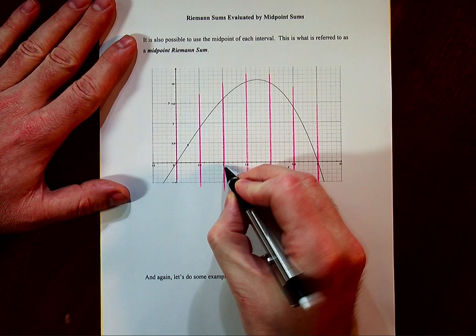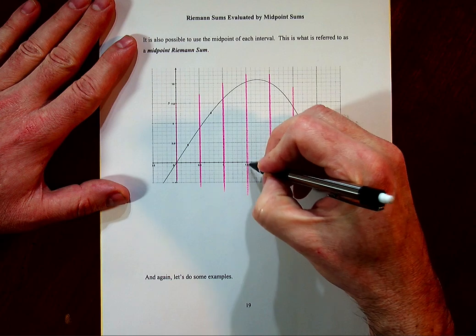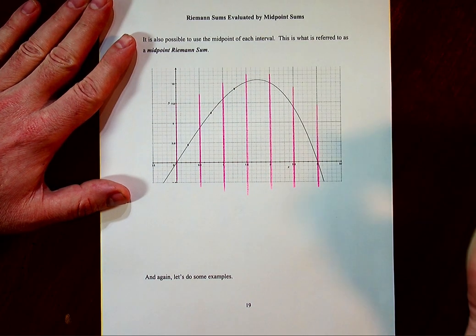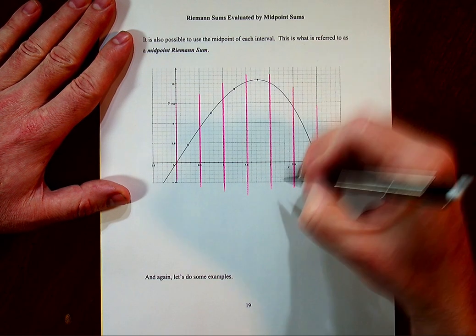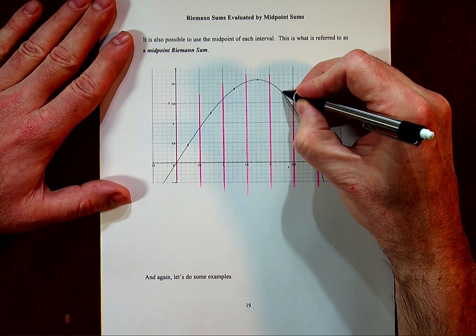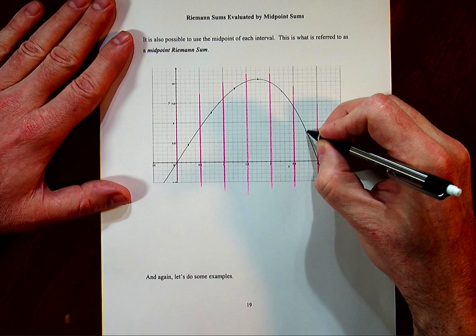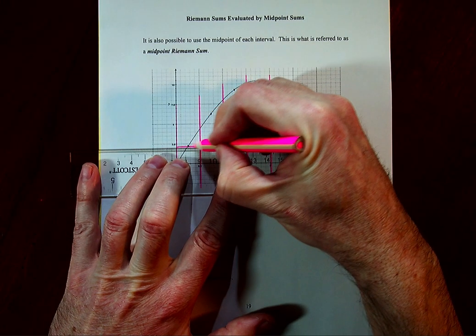Between 1/2 and 1, it's 3/4, and the function value is here. Between 1 and 1 1/2, we have this function value right here at 5/4. And then at 7/4, we have this function value. And then at 9/4, we have this function value. And then finally at 11/4, we have this function value.